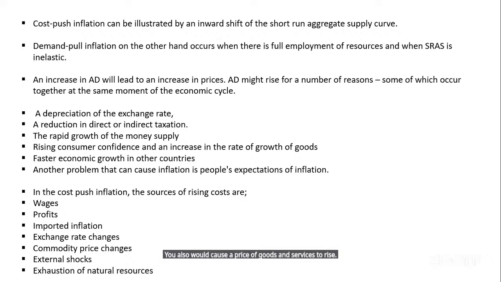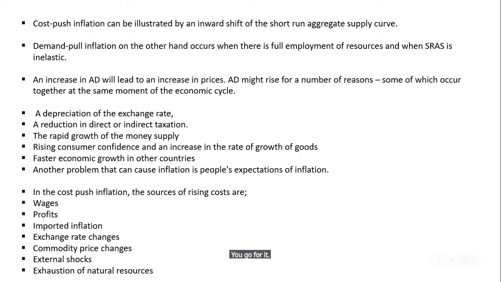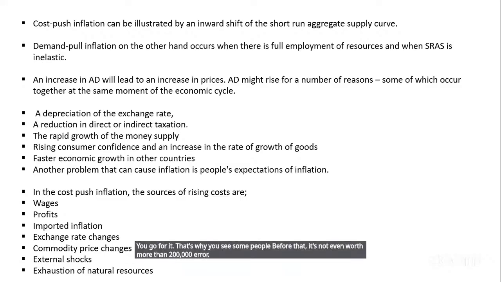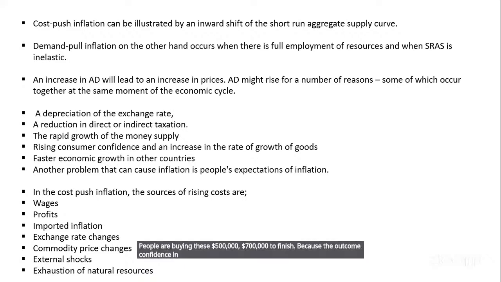Rising consumer confidence and an increase in the rate of growth of goods. When you have confidence in a particular product, if they quote any price for you, so far there's too much money in circulation and you have confidence in that price, you go for it. That's why you see some people buying a phone that is not even worth more than 200,000 naira for 500,000 or 700,000 naira at Computer Village, because they have confidence in that particular good.